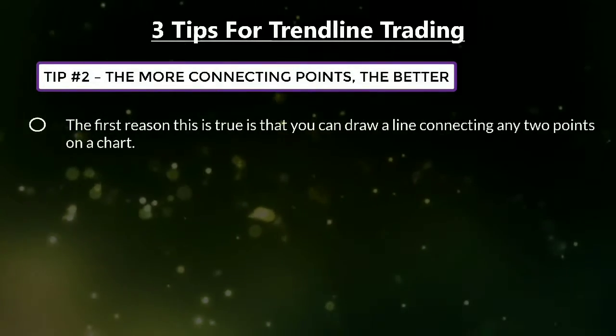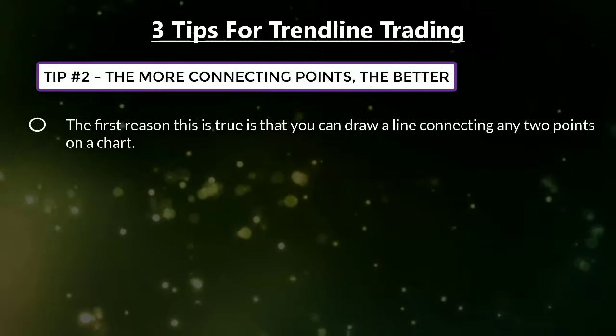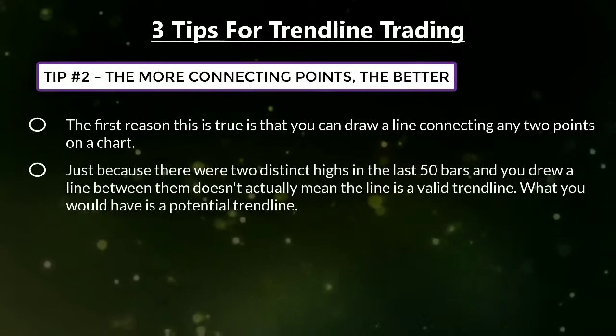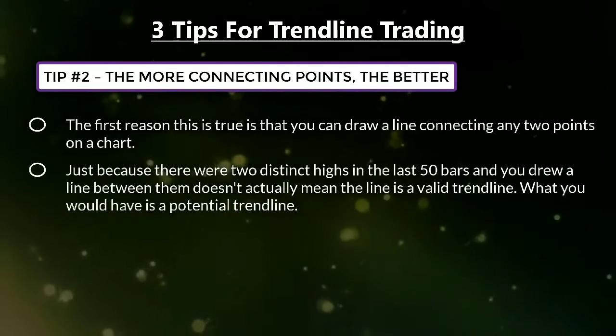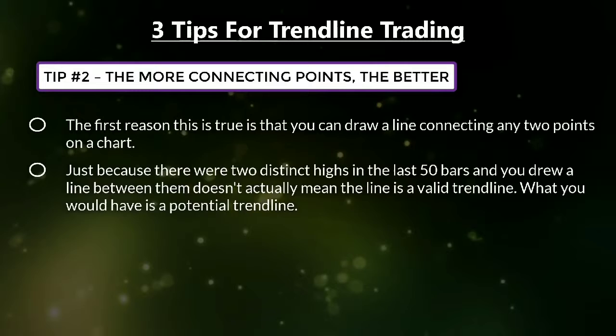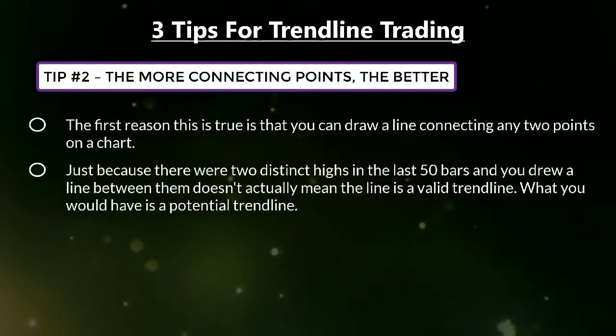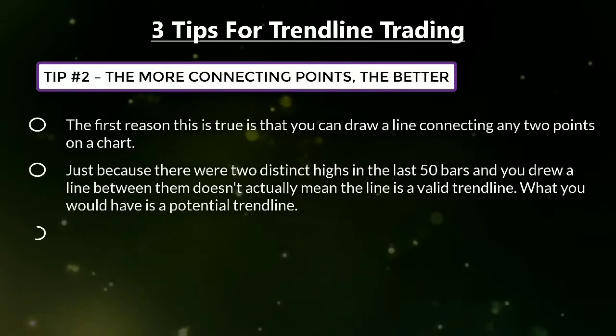The first reason this is true is that you can draw a line connecting any 2 points on a chart. Just because there were 2 distinct highs in the last 50 bars and you drew a line between them does not actually mean the line is a valid trend line. What you would have is a potential trend line.